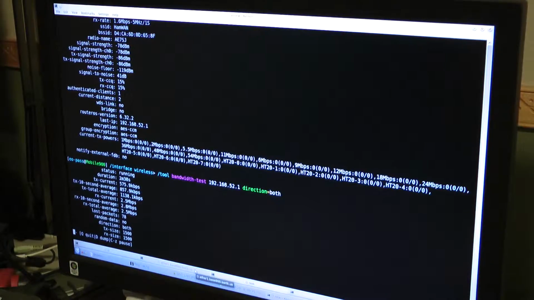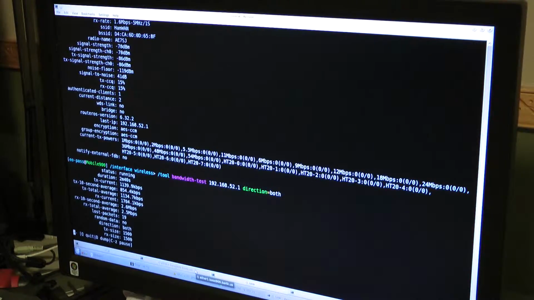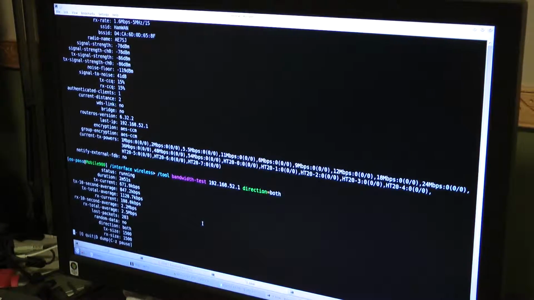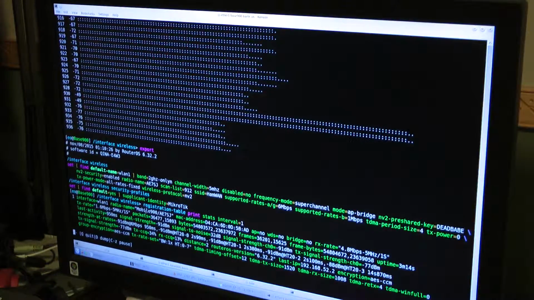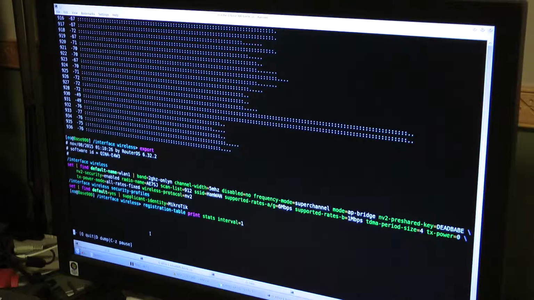Let's go up 1 more. Although the average rate certainly is dropping. So minus 12 dBm now for the interference source. Ah, there it goes. Okay, so 2 or 3 dB and the connection is killed.